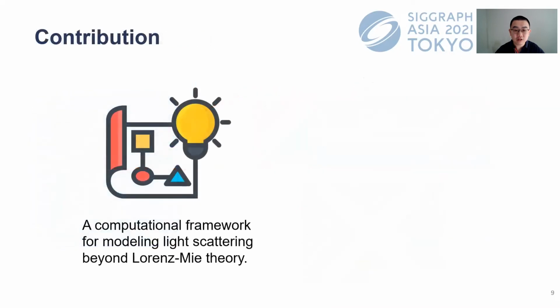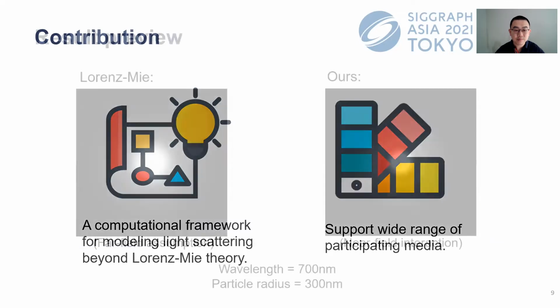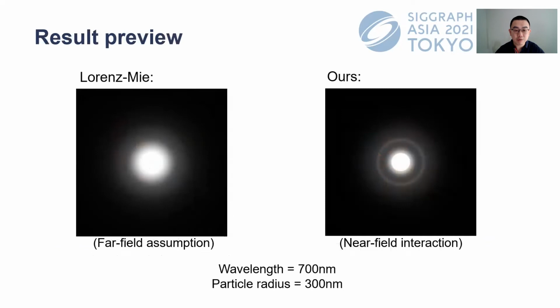In the rest of the talk, we will establish a new computational framework for modeling light scattering beyond Lorenz-Mie theory, and demonstrate how our technique can be systematically applied to compute scattering parameters for various participating media. For a quick preview, we show renderings of a thin slab lit with a small area light from behind.